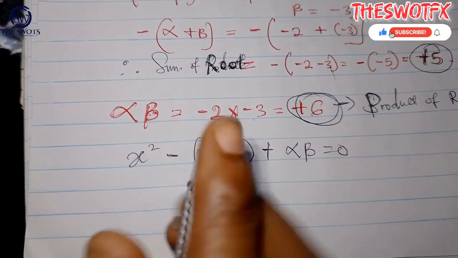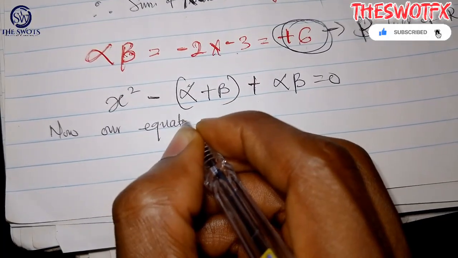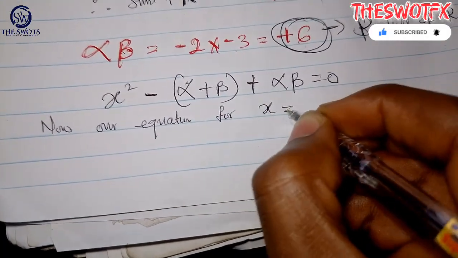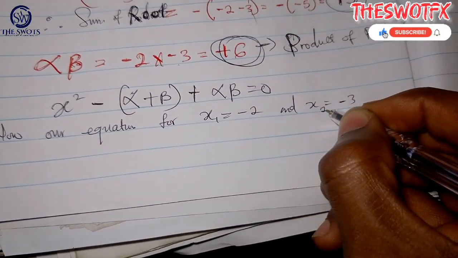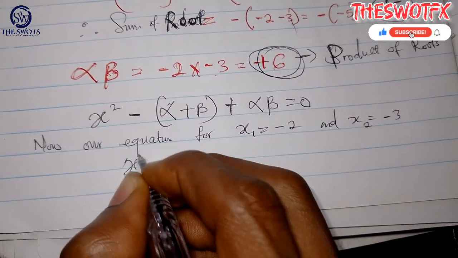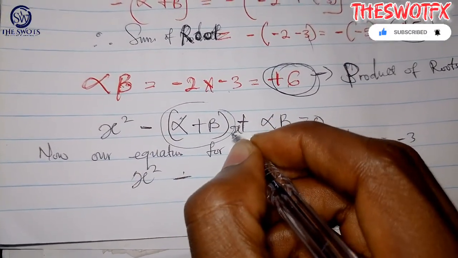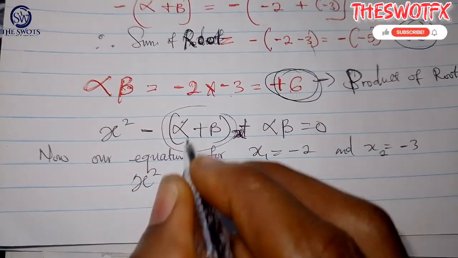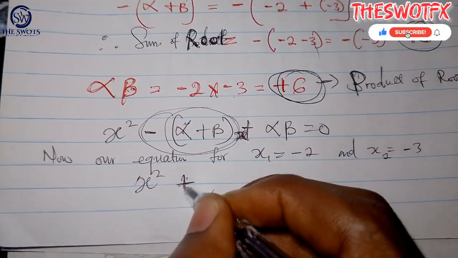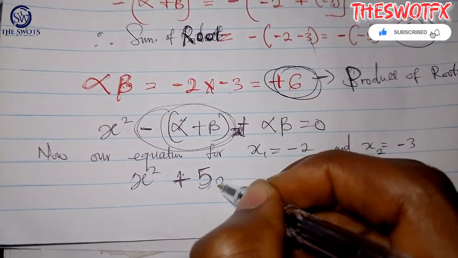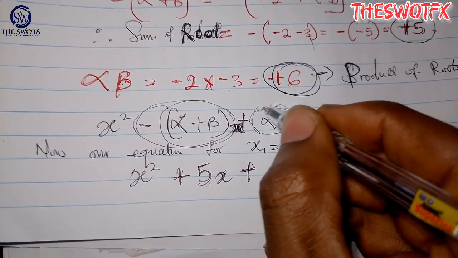So we want to get our equation for x equals minus 2 and x equals minus 3. It is x², and there's the x here, so this is going to be everything here gave us plus 5, then x plus, what is our alpha beta?